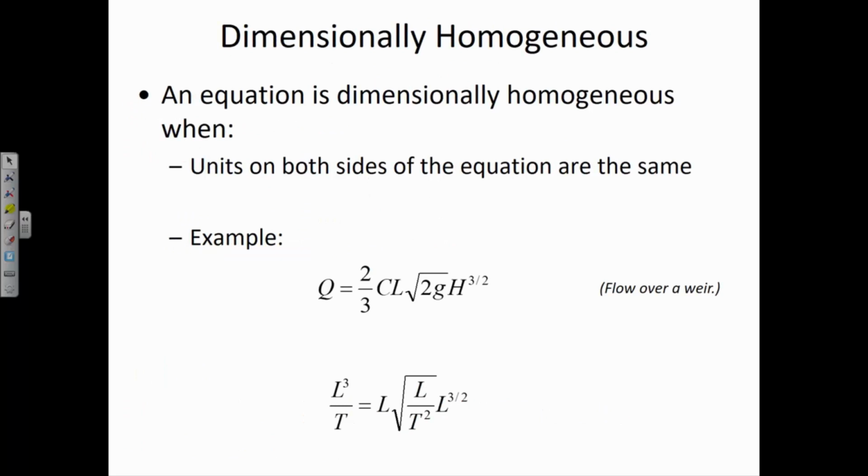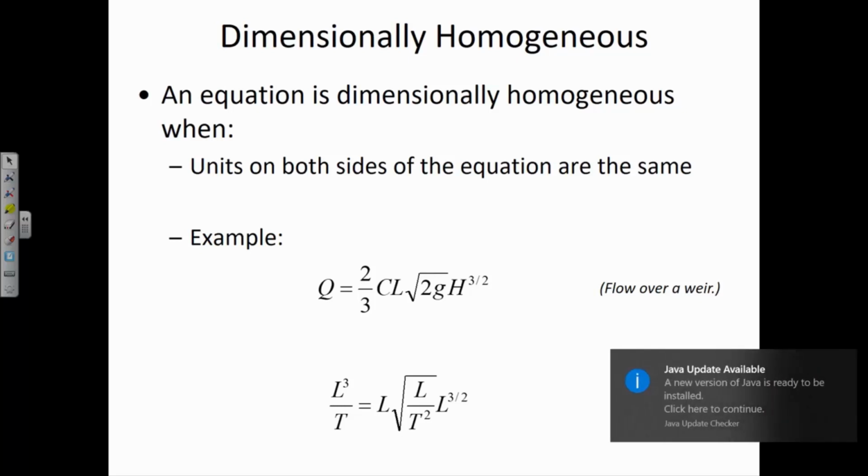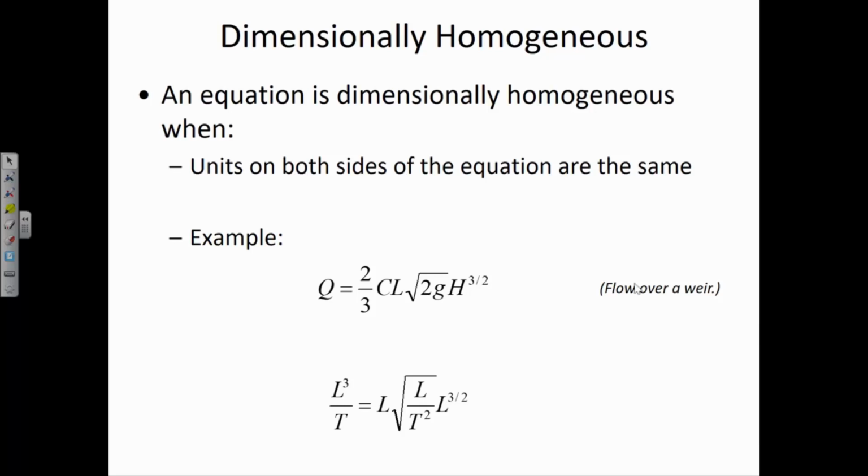Okay, I want to begin with the definition. An equation that's dimensionally homogeneous is an equation where the units on the right-hand side and the left-hand side of the equation are the same. The equation shown here will allow you to calculate the flow over a weir.